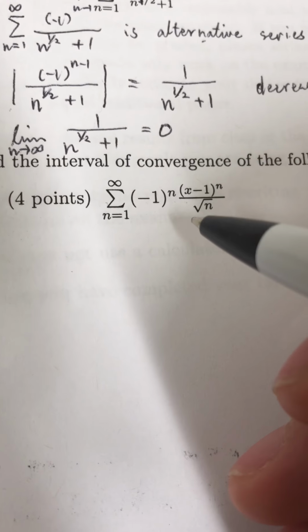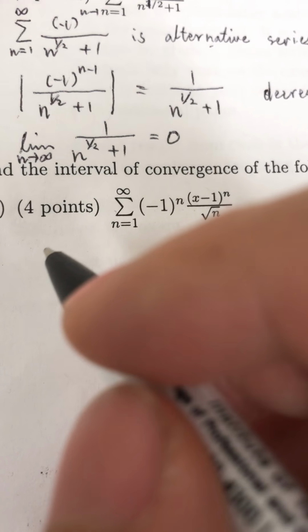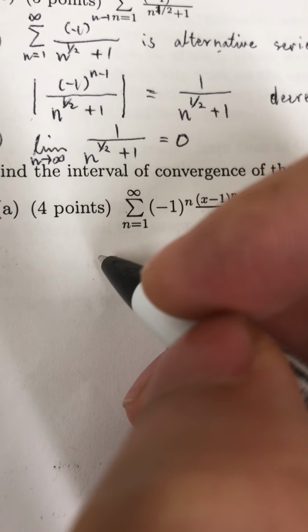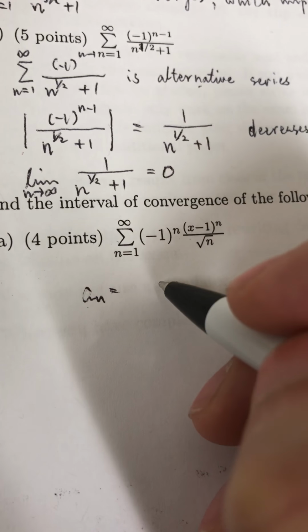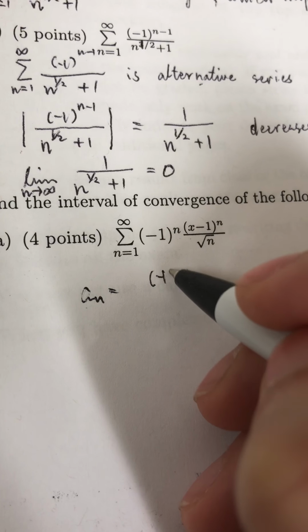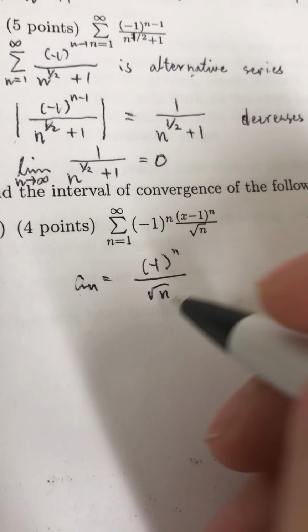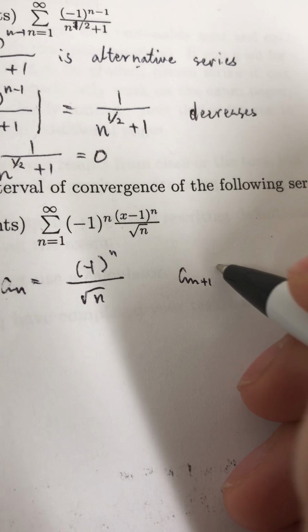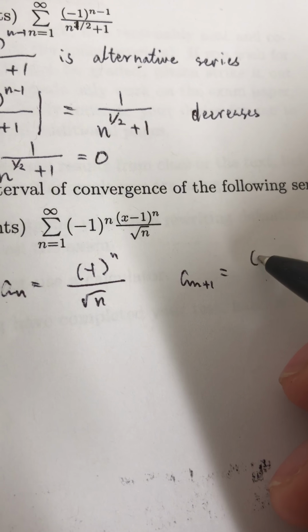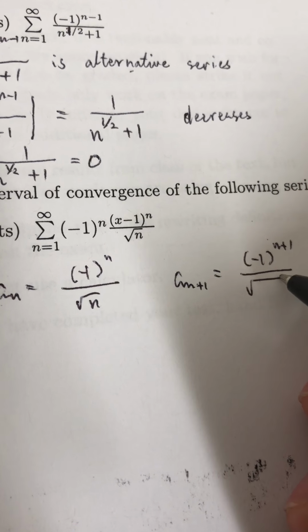Okay, so let's see how to solve problem 1. First, figure out what an is. So an plus 1 is negative 1 to n plus 1 over square root of n plus 1.